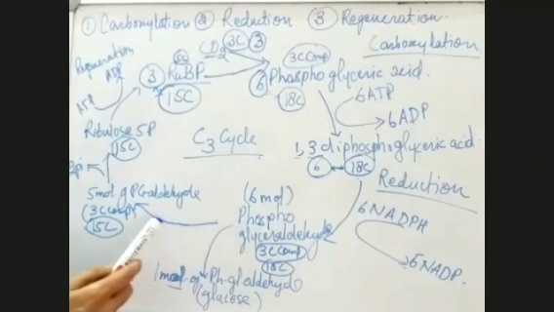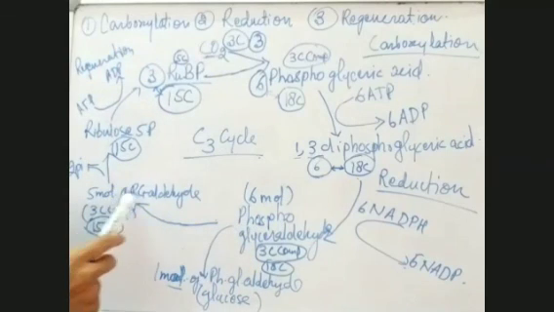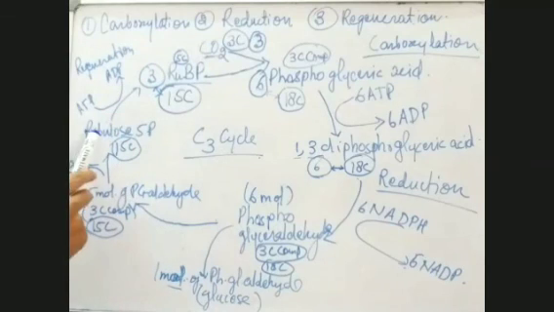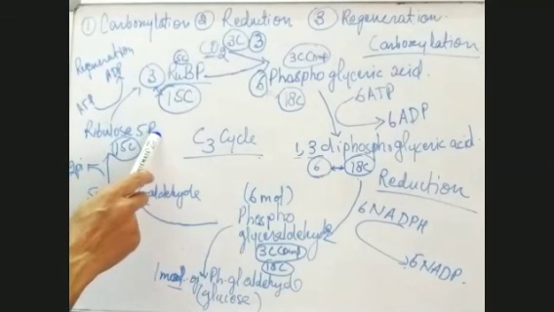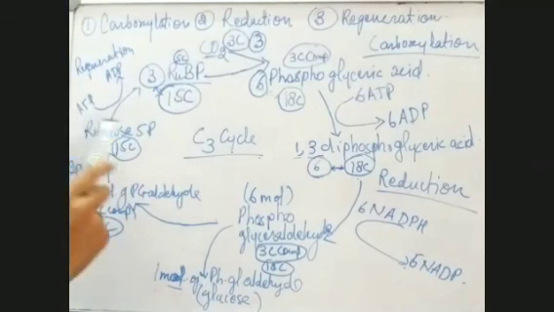Rest of them lose the inorganic phosphorus and form ribulose 5 phosphate. This ribulose 5 phosphate then again utilizes ATP energy and gets converted into RuBP, ribulose biphosphate, which is a CO2 acceptor and should always be there.